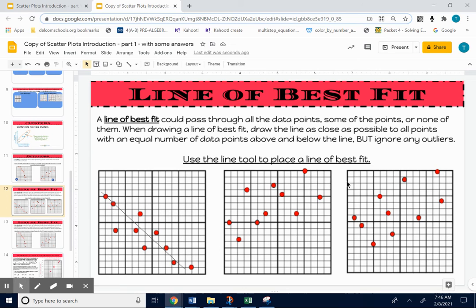Try to get a line of best fit for the next two. Again, this is just an approximation of a line that goes through the middle. It'd be kind of like that for the second one, with about the same number of points above as below.